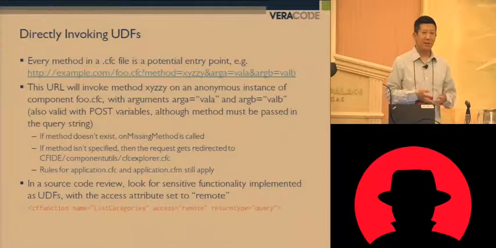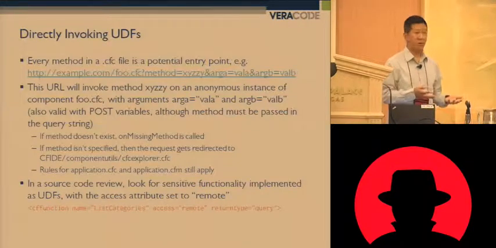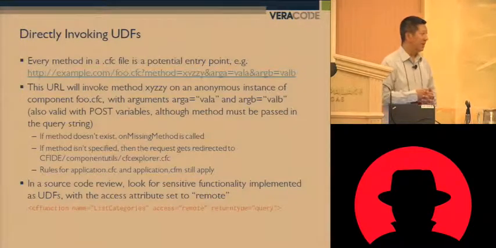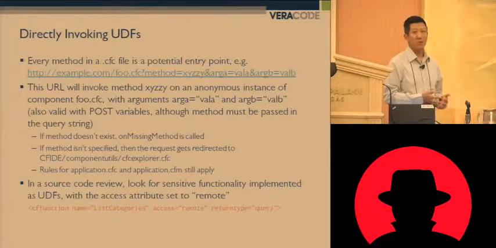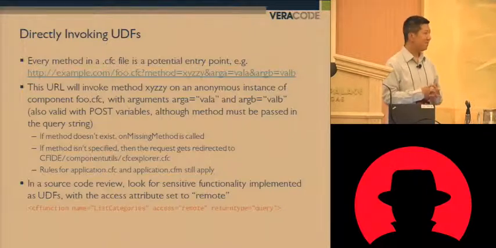If you're setting this thing up to be a web service, you have to set it to access remote because it has to be accessed over the web remotely. But if you're just setting up the function such that it's going to be called by another ColdFusion page, it doesn't need to be remote. You can leave that attribute off, and by default it'll be set to public, which means other pages can access it, but it can't be accessed remotely.